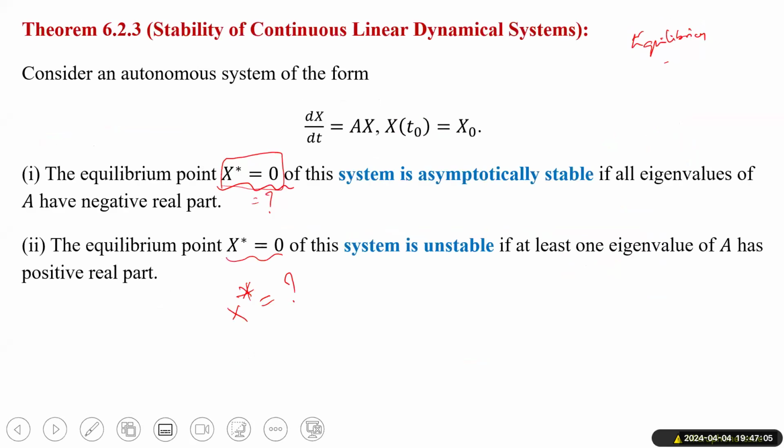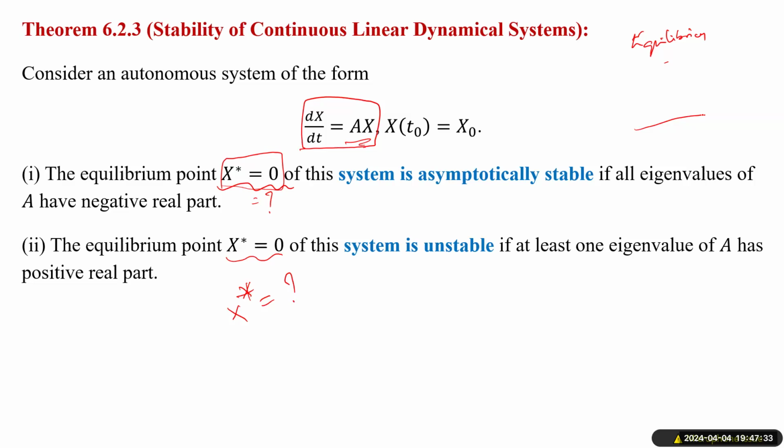So what is my conclusion? In any autonomous system of the form dx/dt is equal to Ax, the zero equilibrium point always exists. There is no doubt about it.